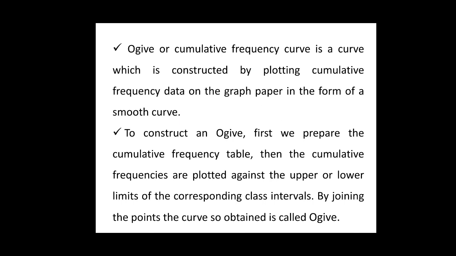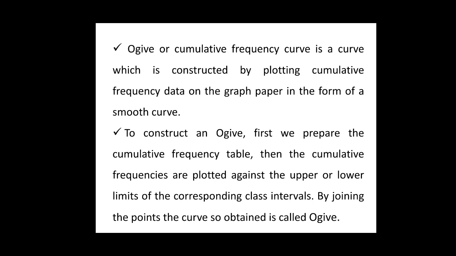What is cumulative frequency? Students, cumulative frequency is defined as the running total of frequencies, or we can say that it is the sum of all the previous frequencies up to the current point. The curve obtained by plotting cumulative frequencies is called a cumulative frequency curve or Ogive.